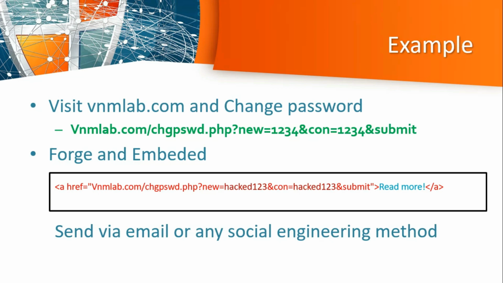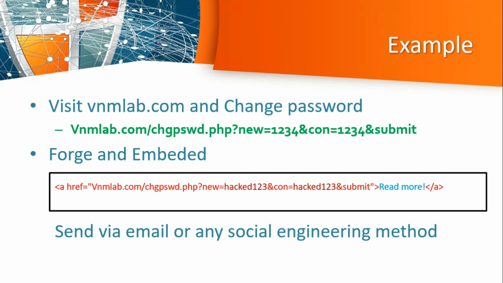as said by the attacker. So just giving an overview, first of all, I am visiting a web application called vnmlab.com and I want to change my password. So first of all, the victim has set his password 1234. Now the attacker is also visiting vnmlab.com with a different machine and he forged his request, like the change password request, and he set his new password parameter hack123 and confirmation password hack123.